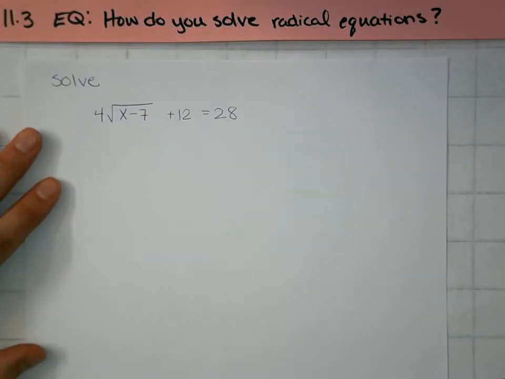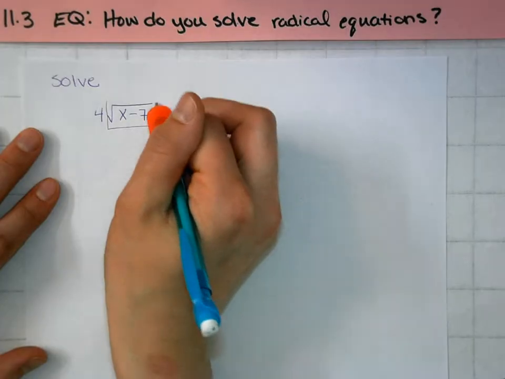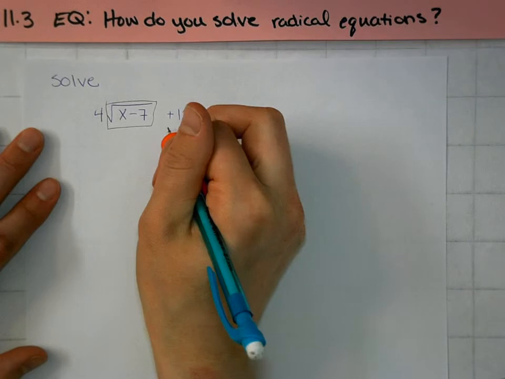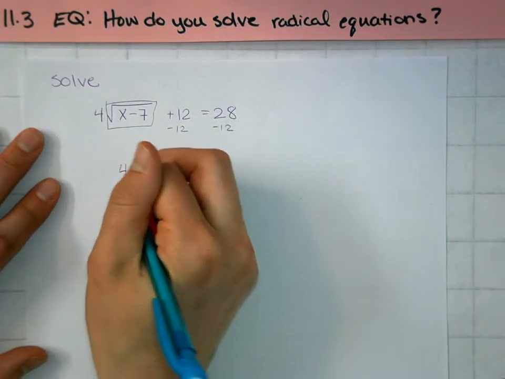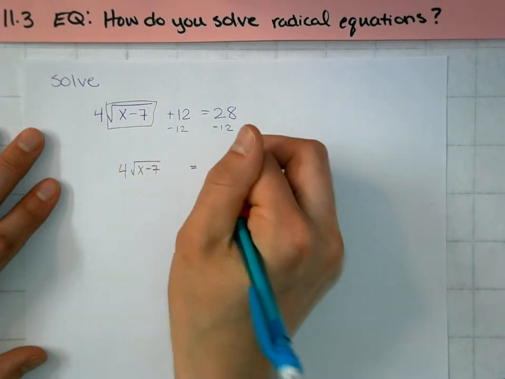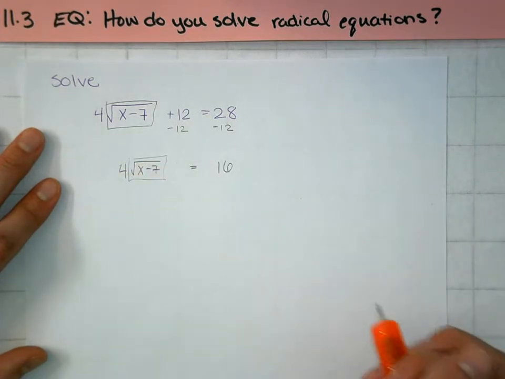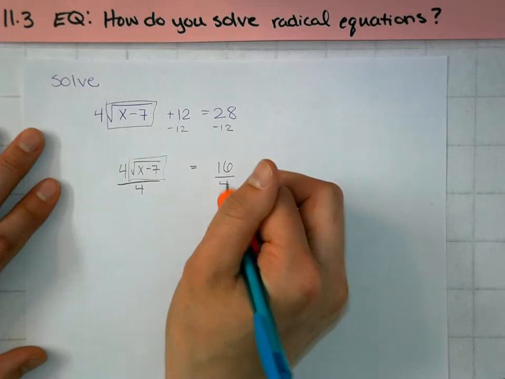And here's my last example. Your first step is to isolate that square root. And you would do that by first subtracting 12. And then dividing by 4. Again, your goal is to isolate that square root, so I can do that by dividing the 4 off.